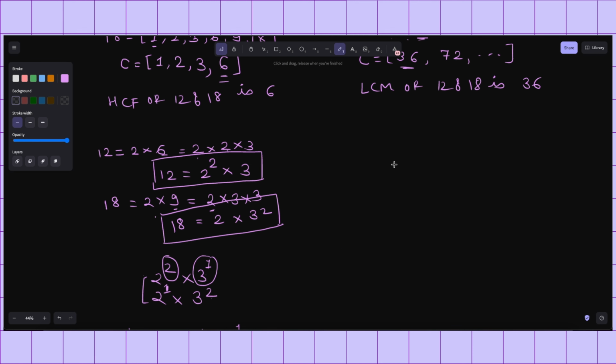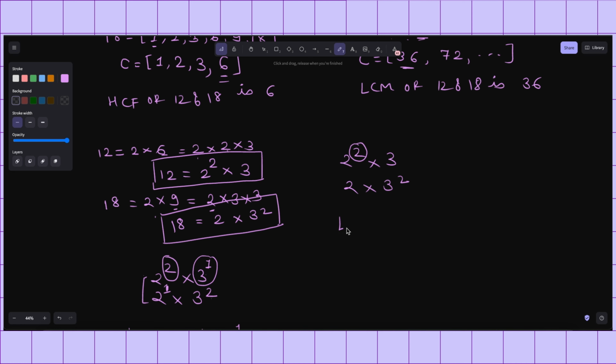Now let's see how we can solve the LCM problem. We will consider the same numbers, 12 and 18. Now we will have to take the maximum power. We have 2 squared into 3 and 2 into 3 squared. We take the highest power of each common number.